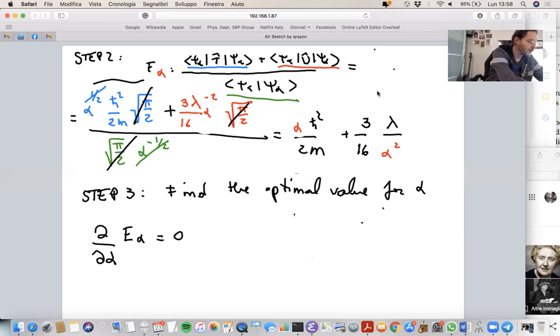So if I do that, let me do that for a moment. While I do it, let my pen recharge. So I take the derivative of this with respect to alpha, and I solve it for alpha equals 0.